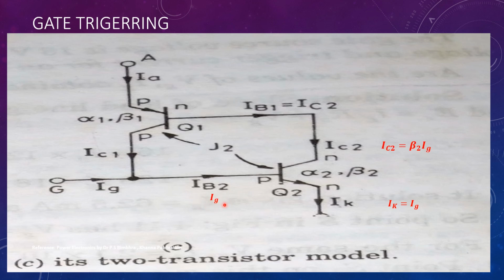Because of the gate current IG, there is a collector current given by the equation IC equal to beta IB. Therefore, IC2 is equal to beta 2 IG. This collector current also acts like the base current for transistor Q1.